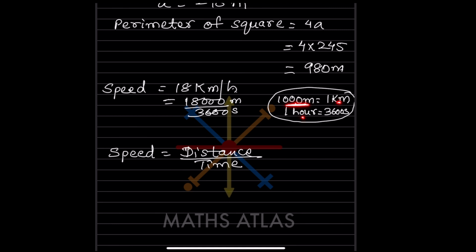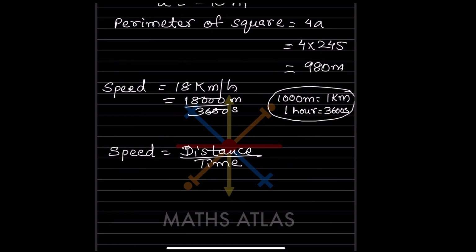And 1 hour is 3600 seconds, because both we are going to change. So now what do you do? 1000 meter is 1 kilometer, or you can write 1 kilometer is 1000 meter, both are the same. So you can write it this way, that will be better.